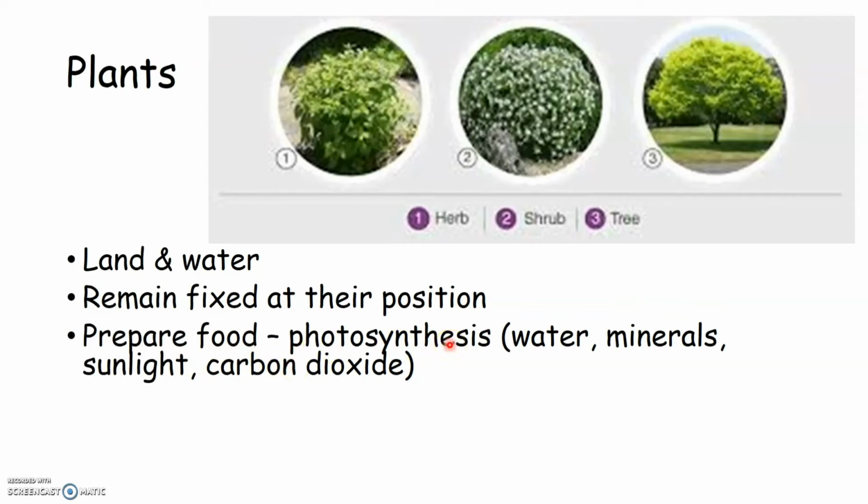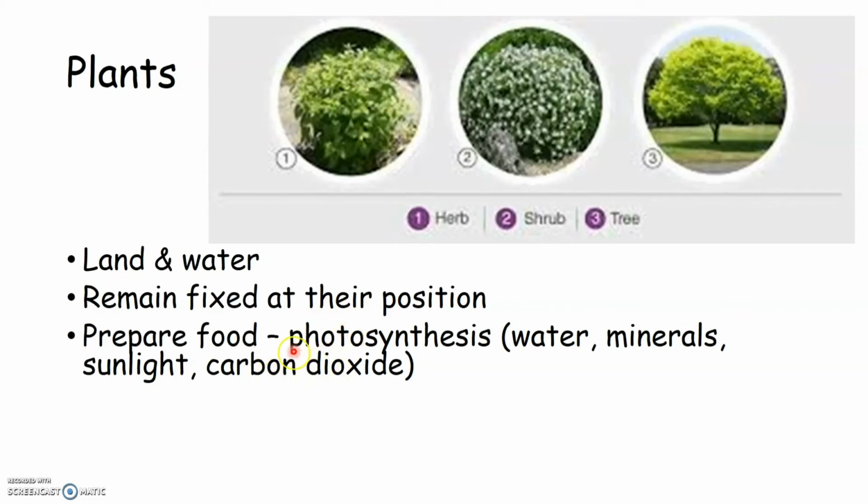For example, plants absorb water from the soil, isn't it? Yes. So plant, which is a living component, depends on non-living components, that is water and soil, in order to prepare food.